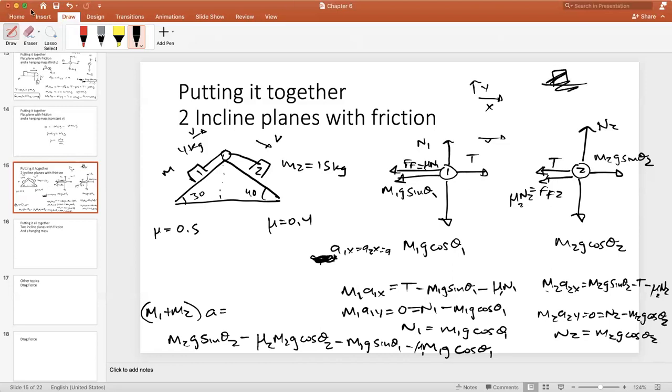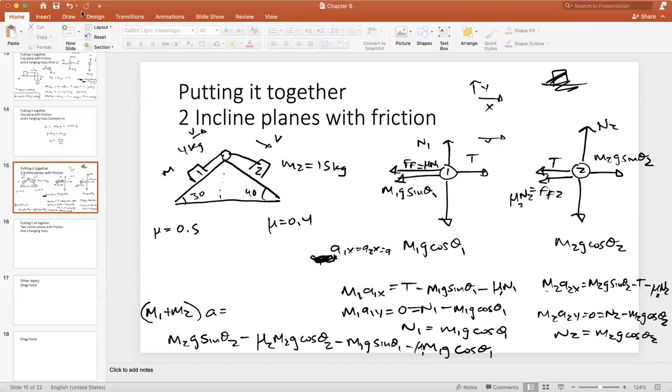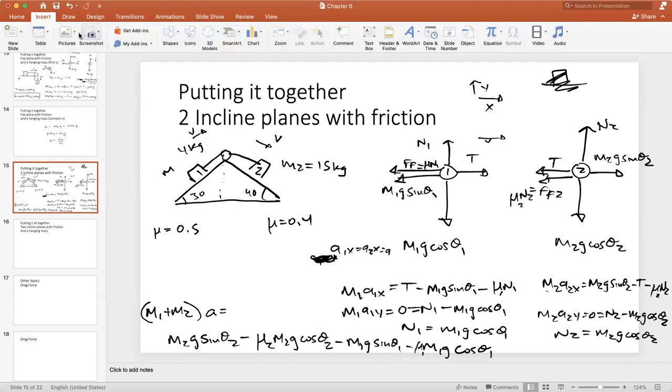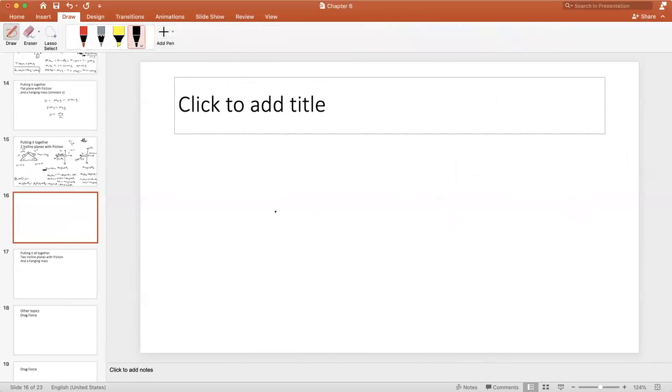So imagine this. I'll do a different example that's easier, that I don't have to do a ton of algebra for. New slide. So imagine this. Okay, I have a force of friction, and I'm pulling with some force, and again, weight.